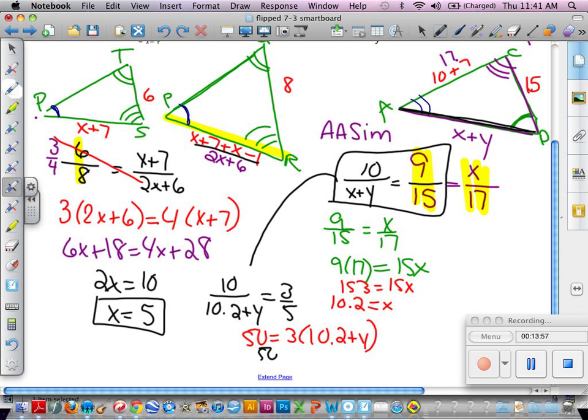Go ahead and finish: 50 equals 30.6 plus y. Move your 30.6, 19.4 equals y. So match up those corresponding parts, people. Marking those angles really helps a lot because they're not always going to match up perfectly, so using those angles will help. All right, have a great night, and I'll see you tomorrow.